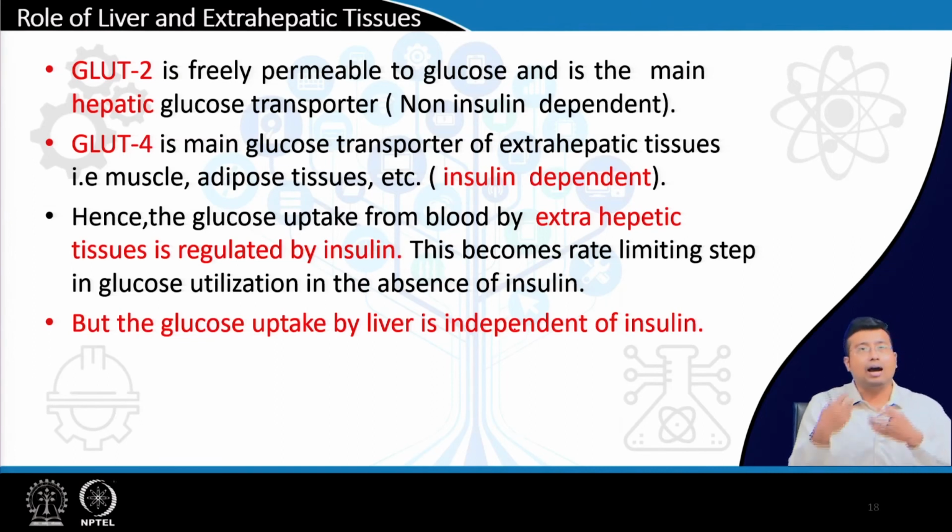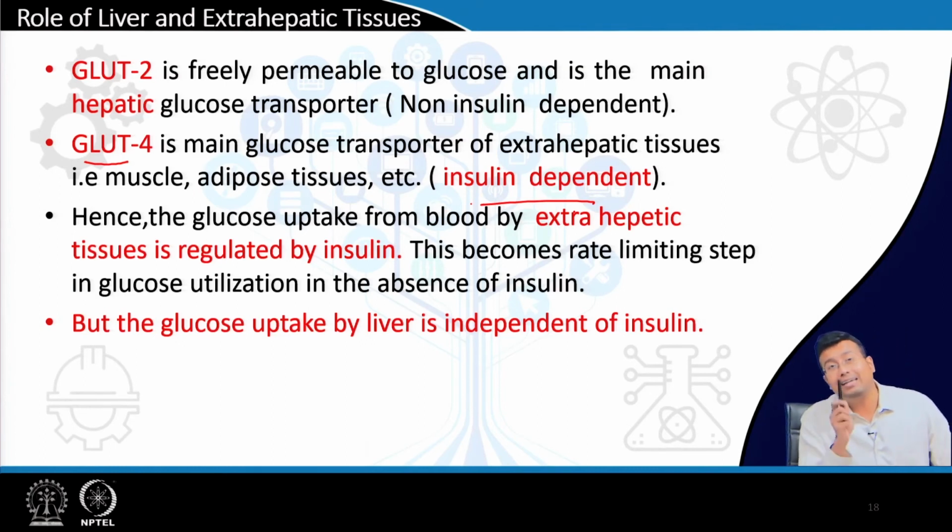Whereas in the case of other muscles and fat cells, adipose tissue, what happens? There is presence of GLUT4, which is actually insulin dependent, right. So you see, whenever the body or the pancreas needs to send a signal to the extrahepatic tissues, it can do it via GLUT4. So insulin can tell the muscle and the adipose tissue to take up an excess amount of glucose as needed, right.